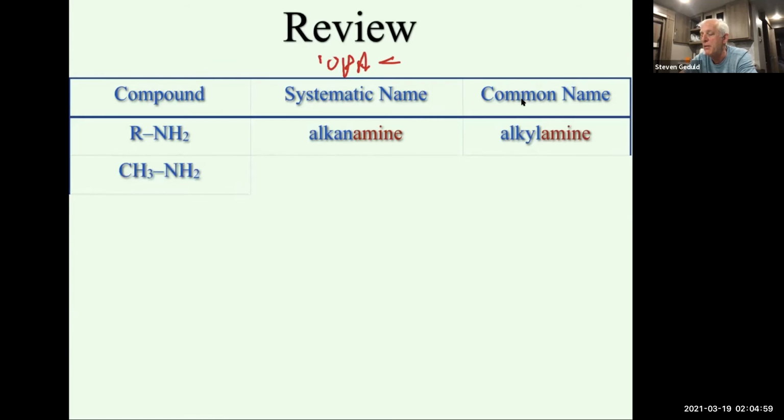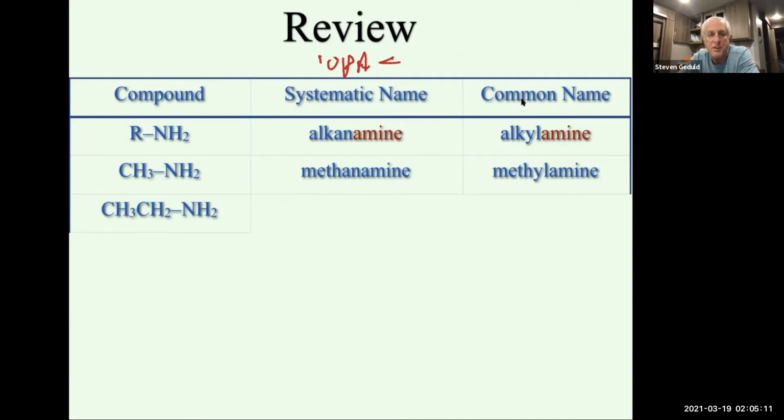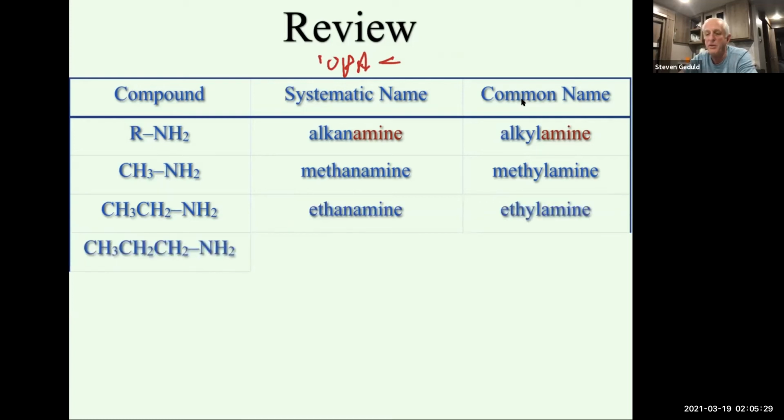The systematic name would be methanamine, the common name methylamine. If you had 2 carbons attached, now you would have an ethyl, so the systematic name would be ethanamine and the common name ethylamine. Propane, 3 carbons: propanamine, or propylamine for the common name.